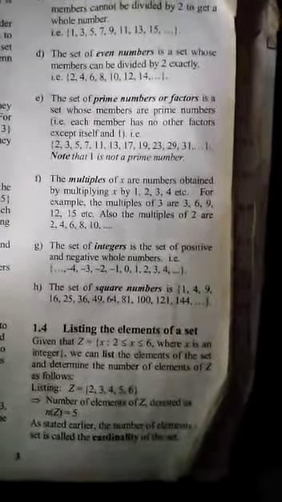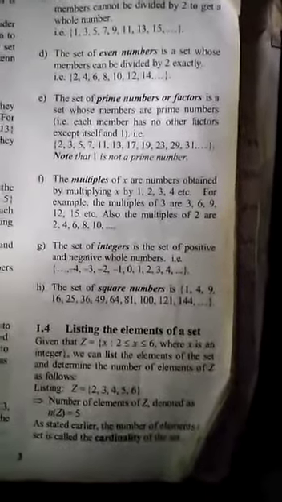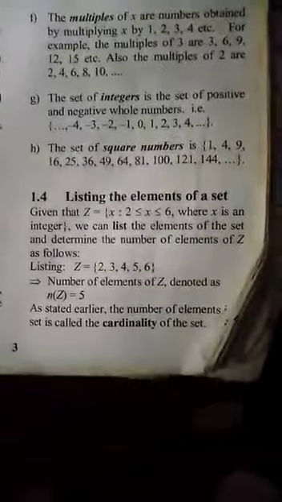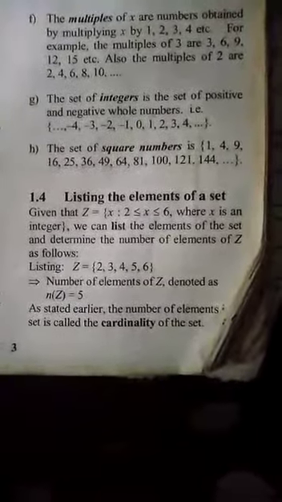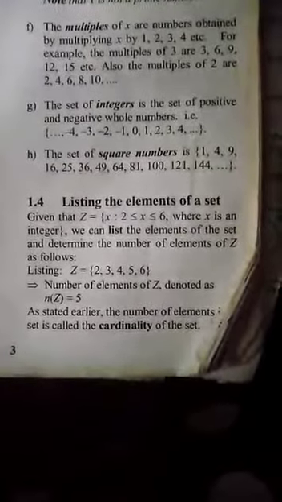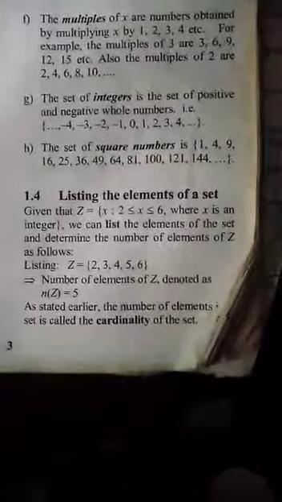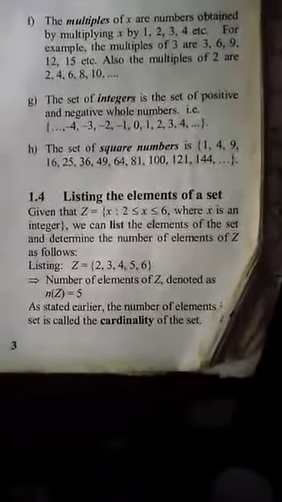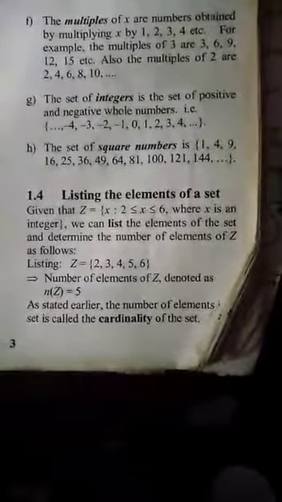We also have the set of odd numbers. They are numbers that are not exactly divisible by 2. We have the set of even numbers, which are the opposite of the set of odd numbers. They are numbers that are exactly divisible by 2.